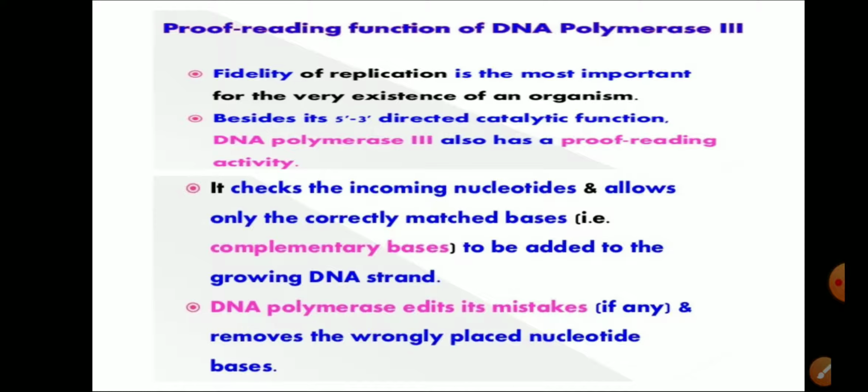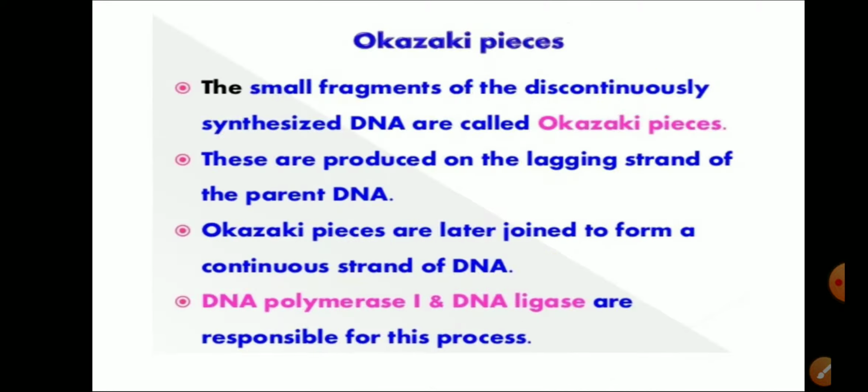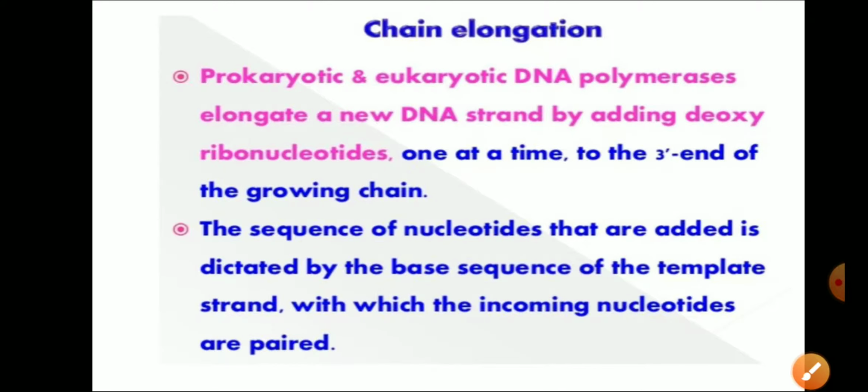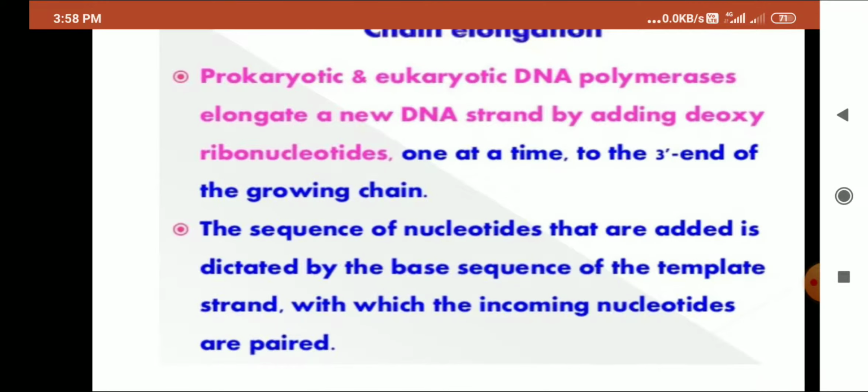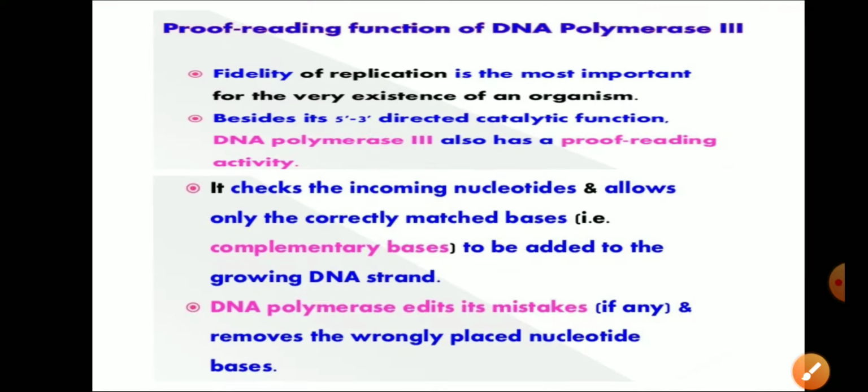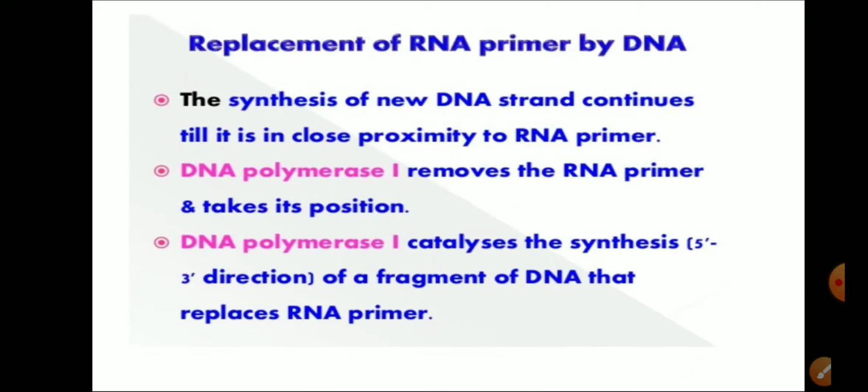DNA polymerase 3 checks the incoming nucleotides and allows the correctly matched bases to be added to the growing polynucleotide chain. The DNA polymerase edits its mistakes and removes the wrongly placed nucleotides.